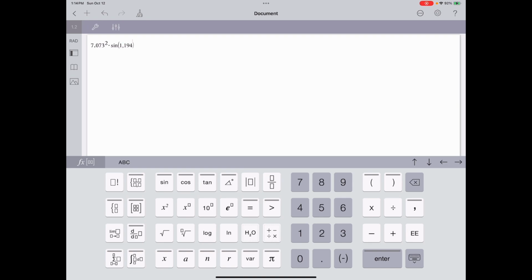I've got to make that a point. And then we divide the whole thing by 2 because the formula is s squared sine theta over 2.